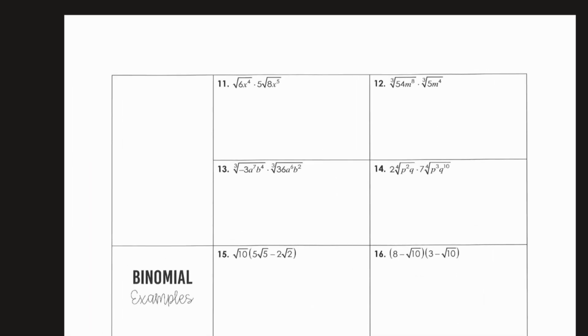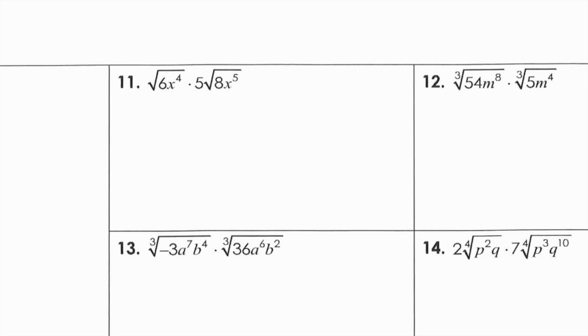Some more practice here. Number 11. Nothing on the outside of the first radical, so 1 times 5 is 5, because we assume there's a 1 there, times the square root of 48x to the 9th. Remember, when we multiply those x's, we add the exponents. And now, as I simplify that, I'm going to go part by part. So square root of 48, square root of x to the 9th. Square root of 48 is square root of 16, square root of 3, which is 4 square root of 3.